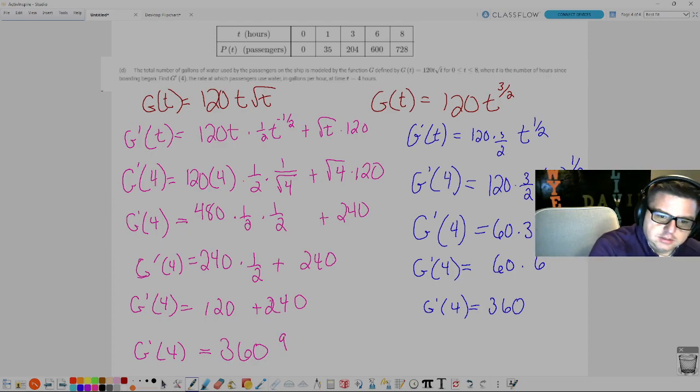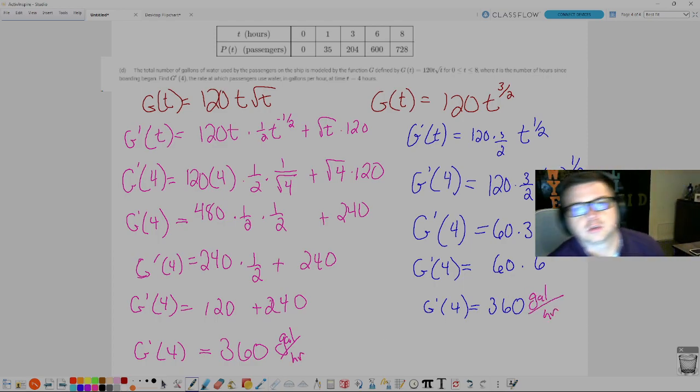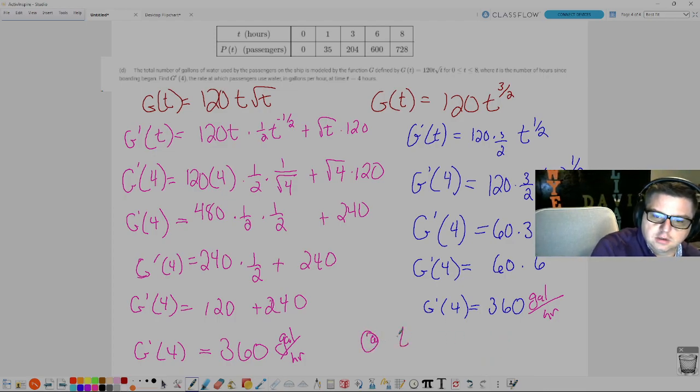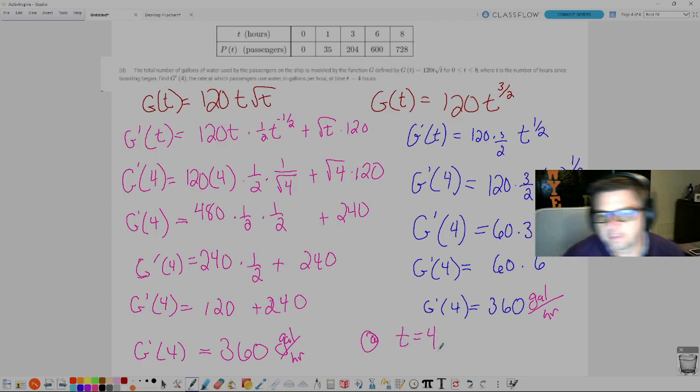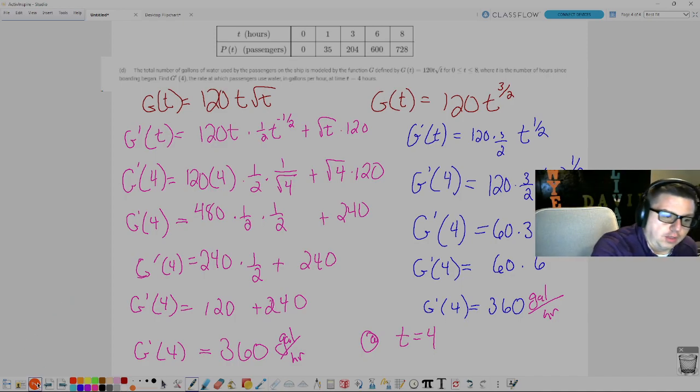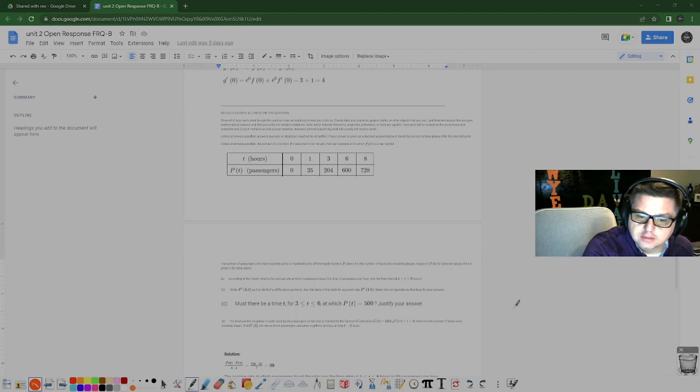So this is gallons per hour. Gallons per hour. Make sure you label it. At t equals 4. Sometimes stating that at the end, writing a statement at the end, is very helpful for them to see and recognize.